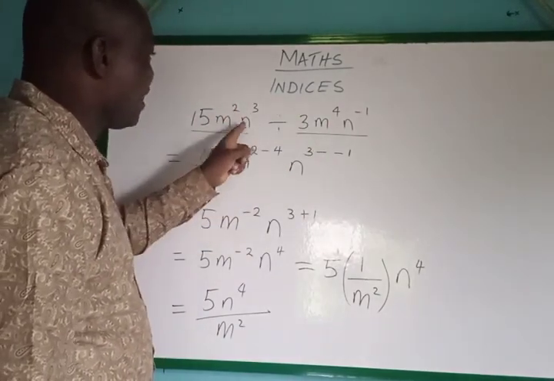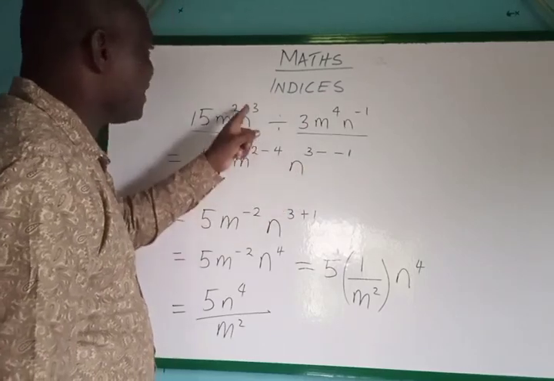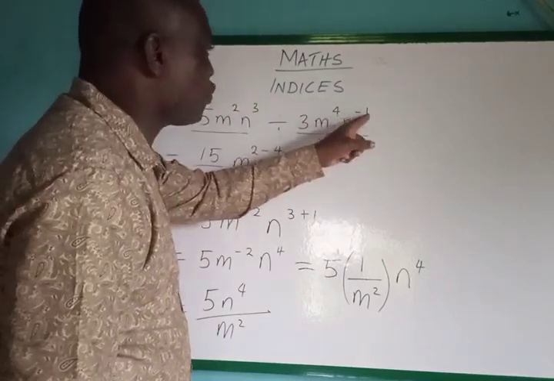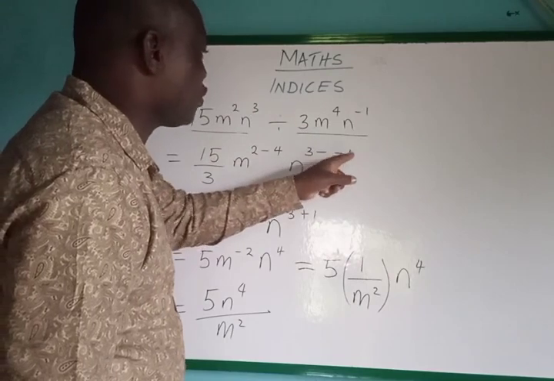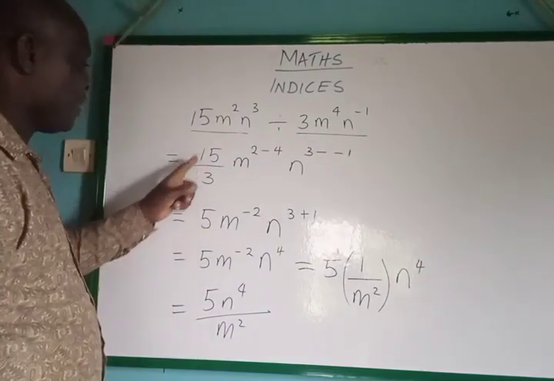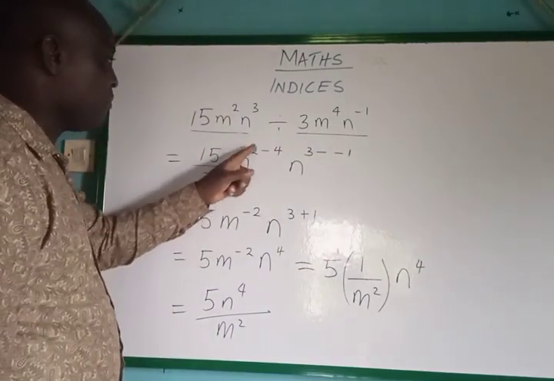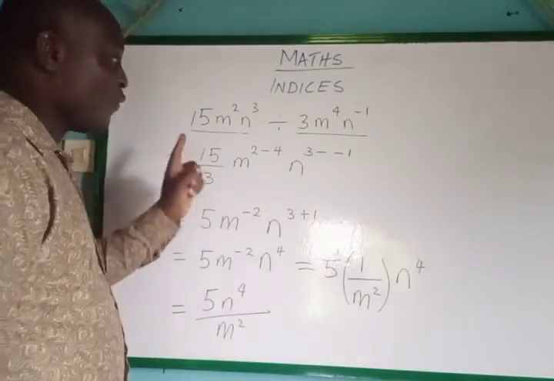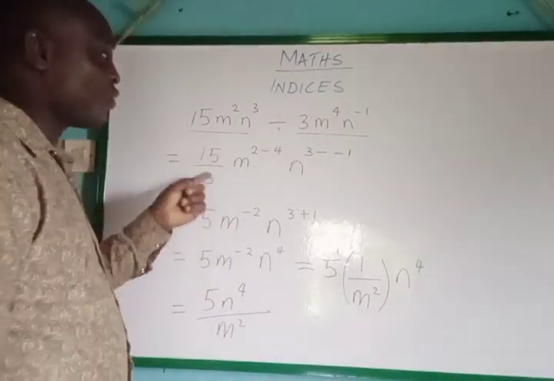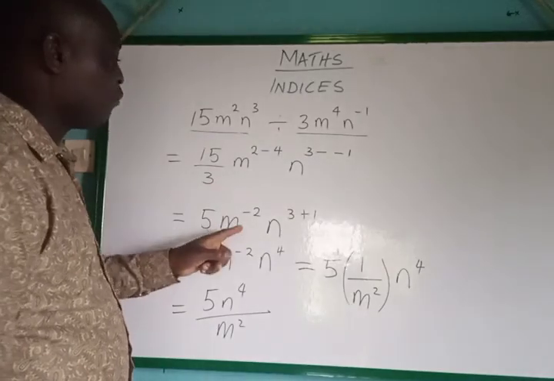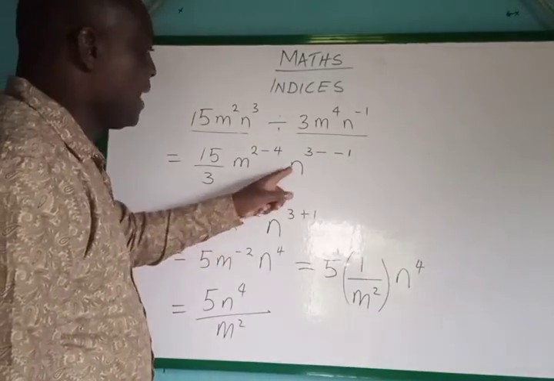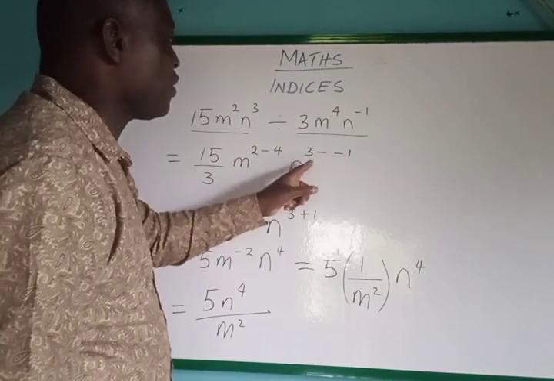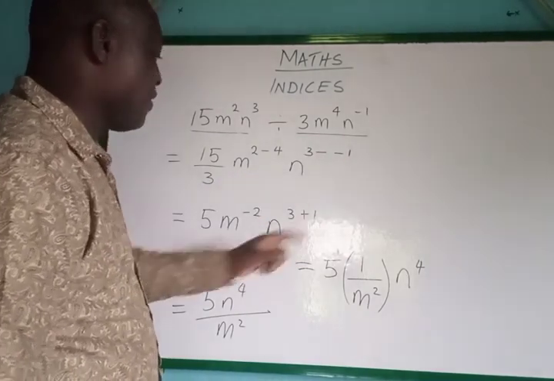Now another division law, you pick n. This is going to be 3 minus minus 1. 15 divided by 3 is 5. 2 minus 4 is minus 2, not 2. It is 4 minus 2 that is 2, but if it is 2 minus 4 it becomes minus 2. 3 minus minus 1 becomes 3 plus 1. That's what we have here.